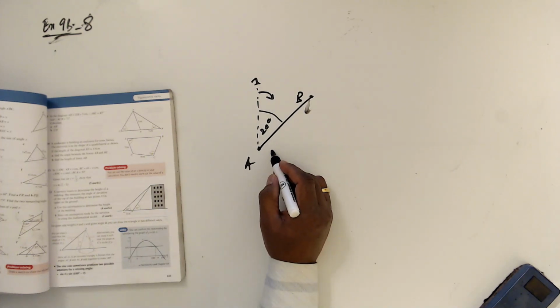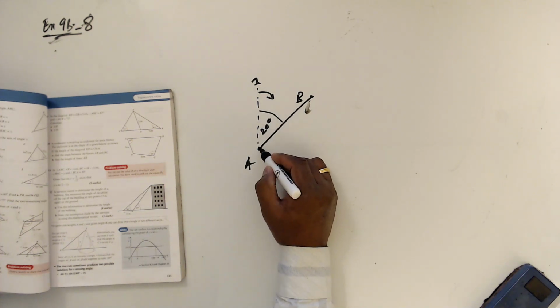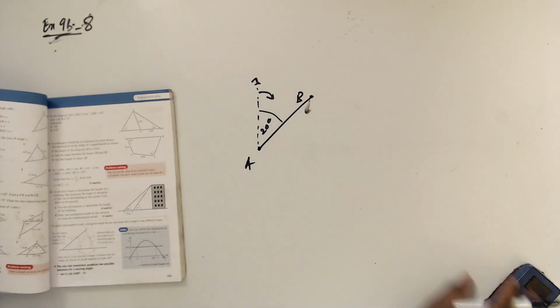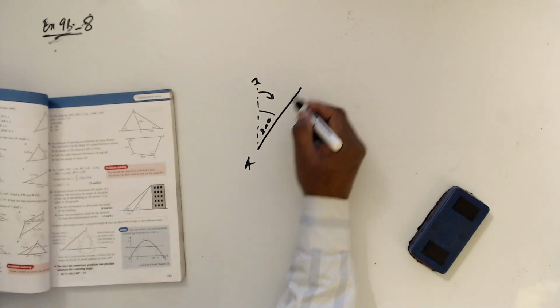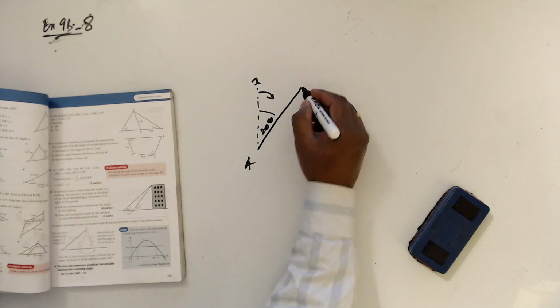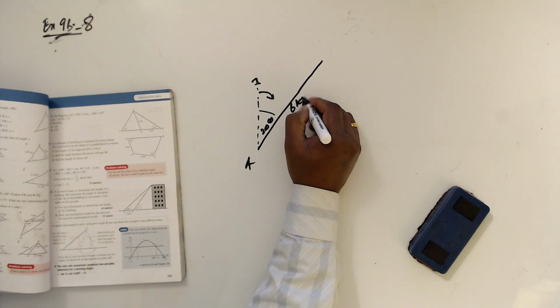Now town C is located at a bearing of 55. So this is 20, I'll make it smaller. What is this distance? 6 kilometers.